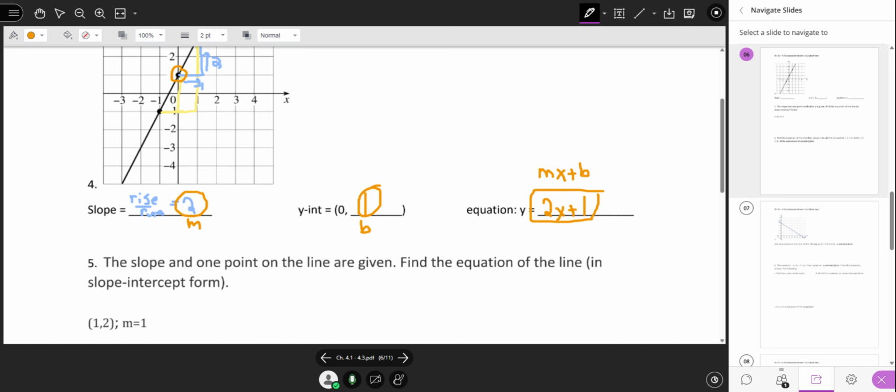You'll get full credit for this one. Okay?